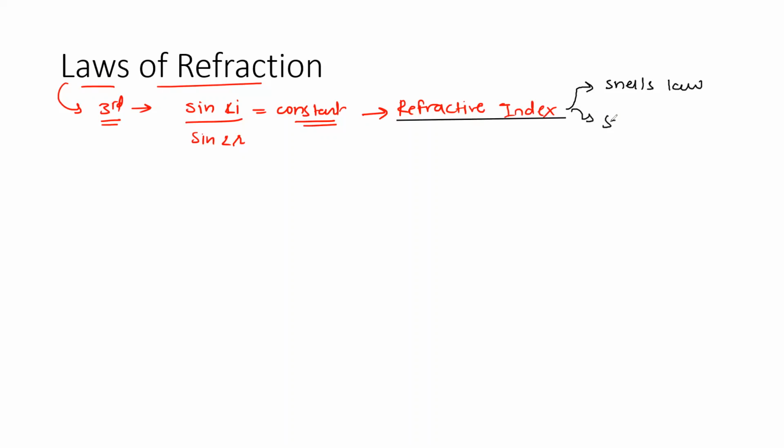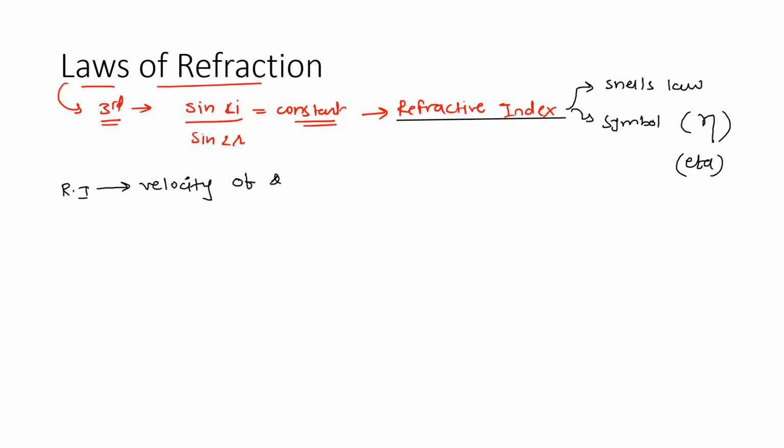Second, the symbol to represent this refractive index is eta, ETA. Now remember, the refractive index is related to velocity. देखो क्या कह रहा हूं मैं, it relates to what?